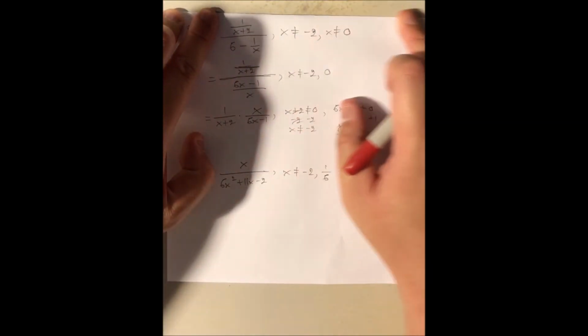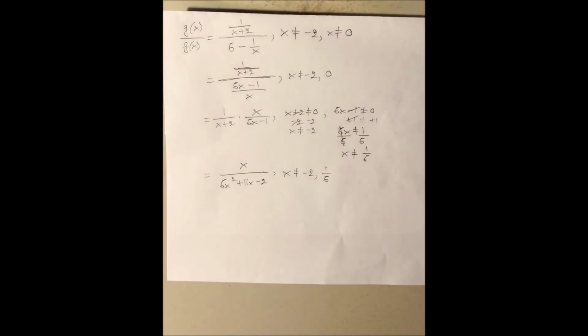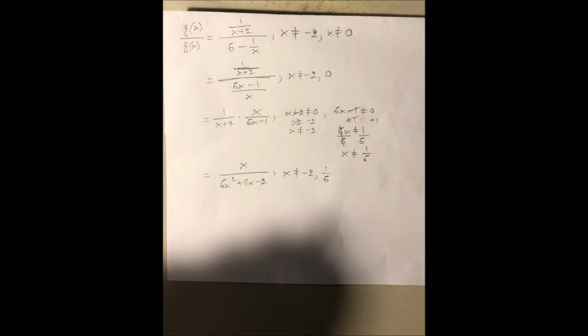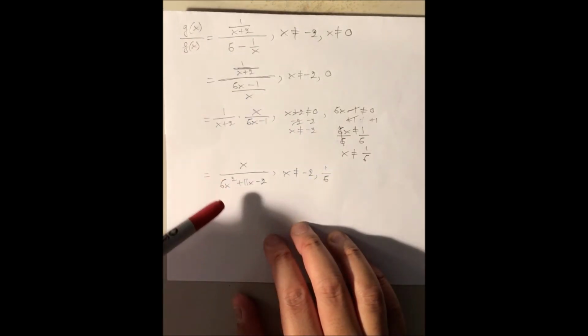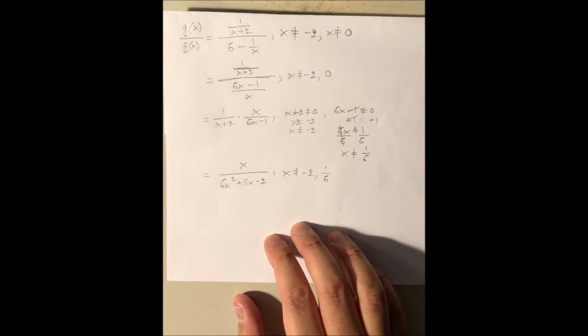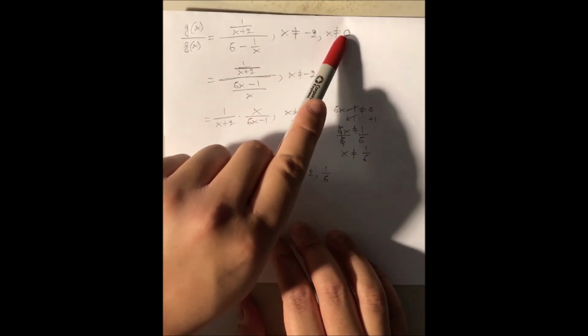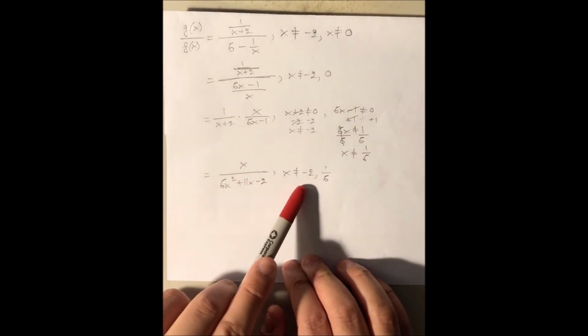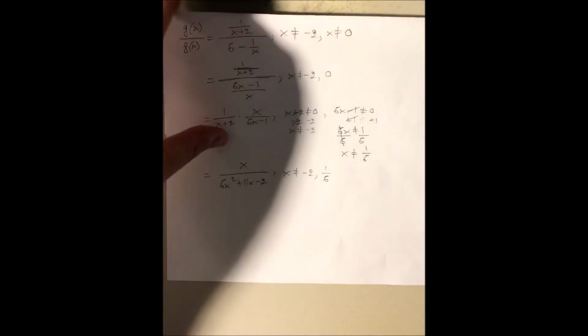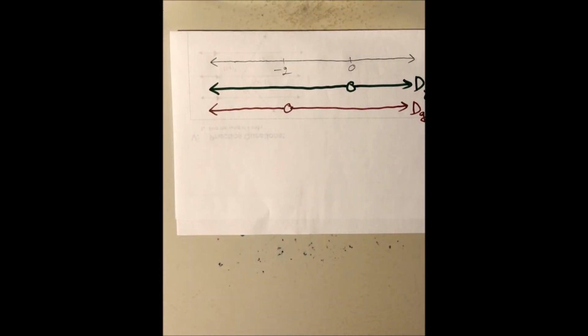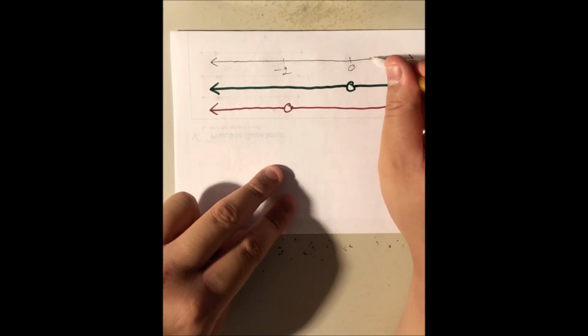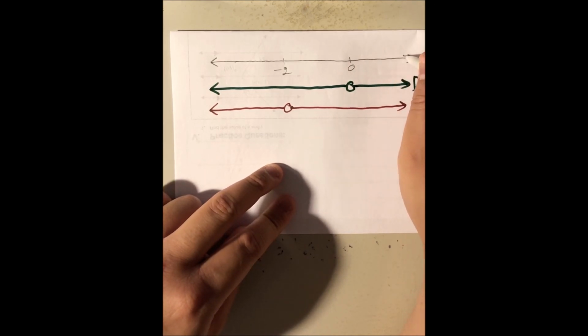So because all of the restrictions from the function f, from the function g, and from every step of the simplification process to get down to this result are x cannot be equal to negative 2 and x cannot be equal to 0. And of course, x cannot be equal to 1 over 6. We also have to make sure that we include 1 over 6 in there. So maybe it's going to be, I want to say 1 right here.